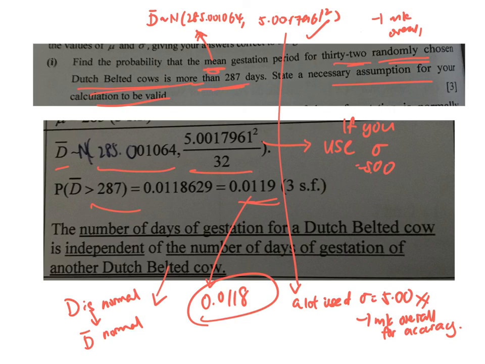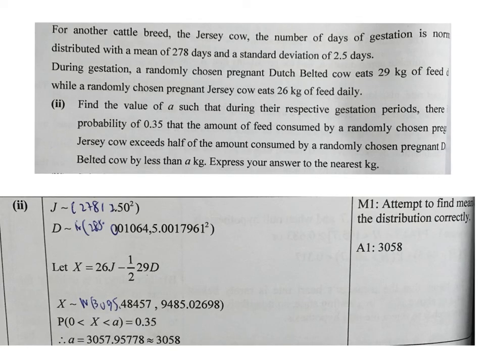But in this case, no need, because your distribution is already normal, so you don't have to use CLT. Those who used CLT, I struck it off for you, but I didn't minus any marks. I just tell you that this time please don't use it.